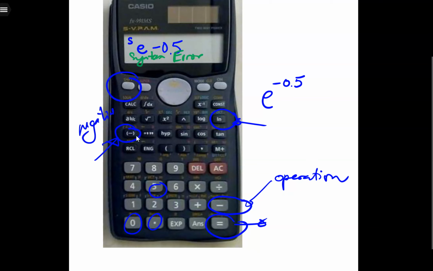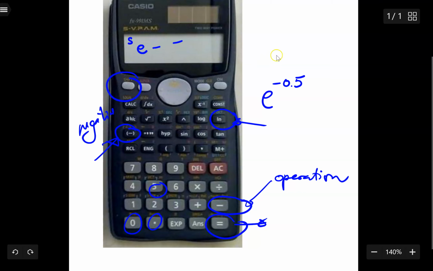Alright, okay. So that error appears when you put the operation key beside it, but if you put in the negative as the negative sign, then you won't have a syntax error. Keep that in mind. Then your answer will be exactly equal to the one that I indicated in the example.